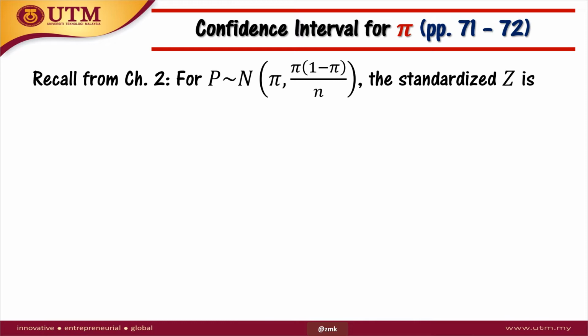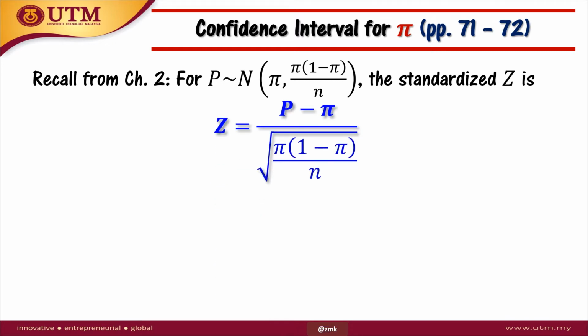The standardized random variable z is given as z equals p minus pi over square root of pi times 1 minus pi over n.